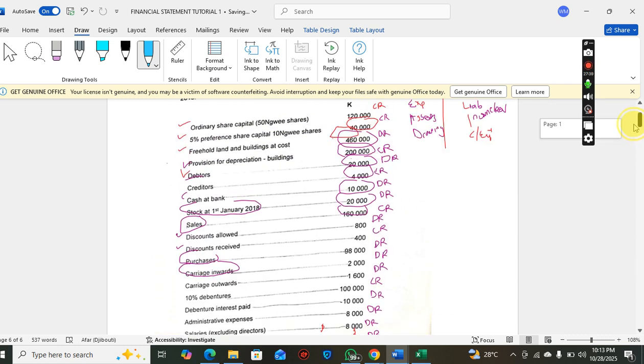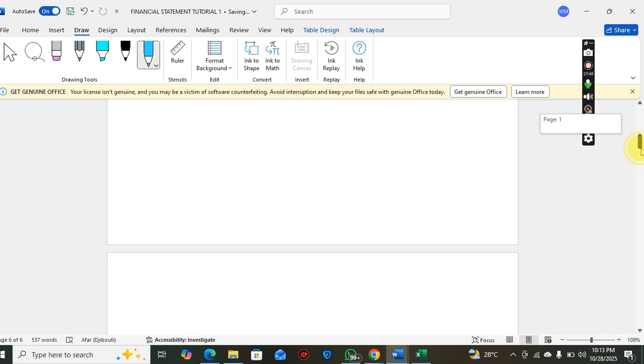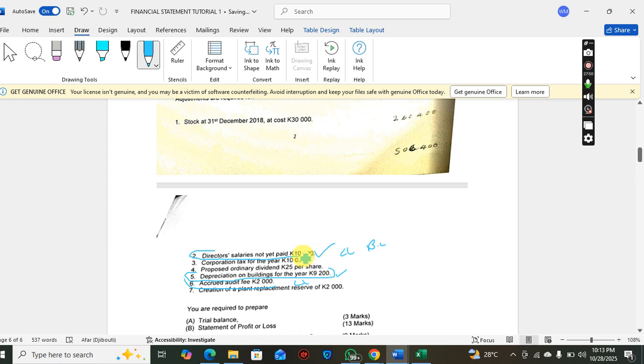On our trial balance, where was it? Provision for depreciation, we were given 200,000 for buildings, and they told us there's a depreciation expense of 9,200. So each year whenever you get a depreciation expense, you're always going to add it to the accumulated depreciation.